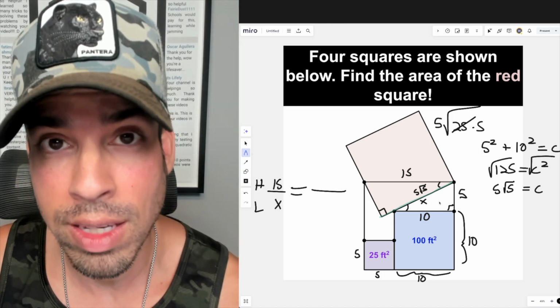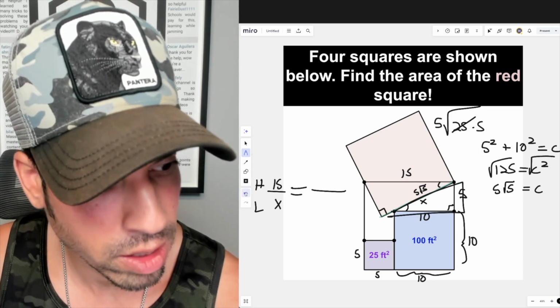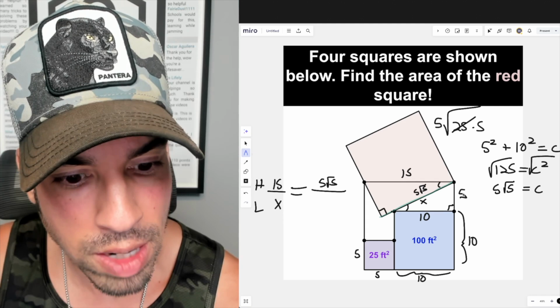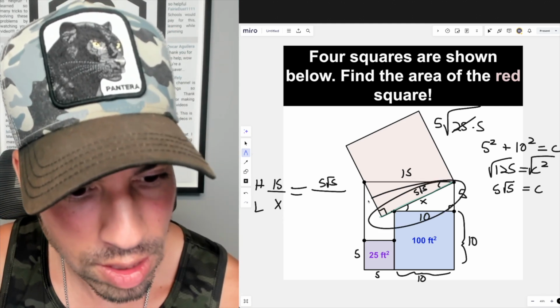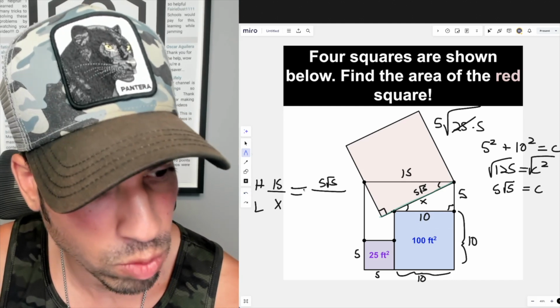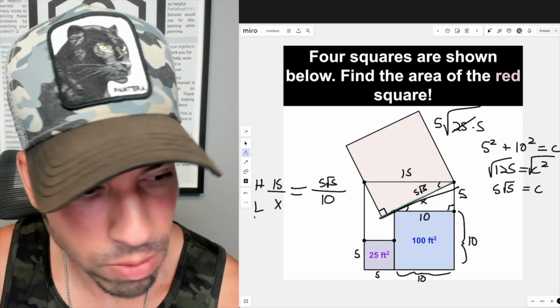Now let's do the exact same ratio with this triangle right here. My hypotenuse is 5 rad 5, and the corresponding leg that matches up with this leg right here is going to be the longer leg, which is this bottom leg here, which is 10. Now I have a beautiful proportion which I can use to solve for x.